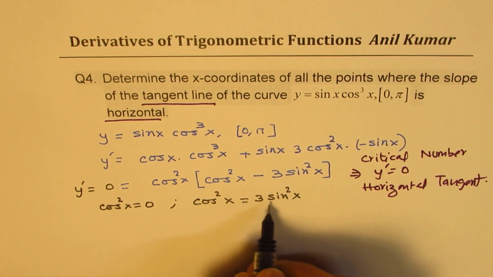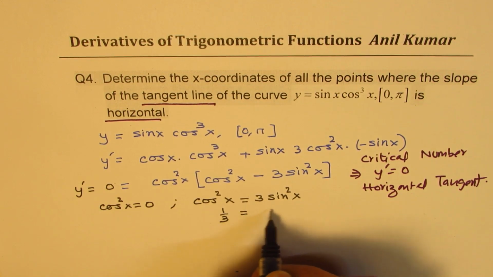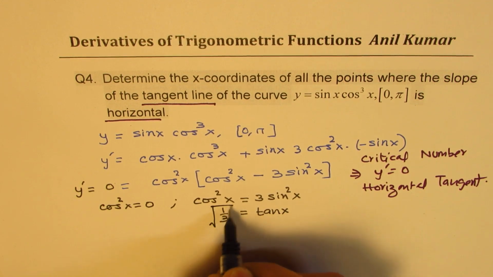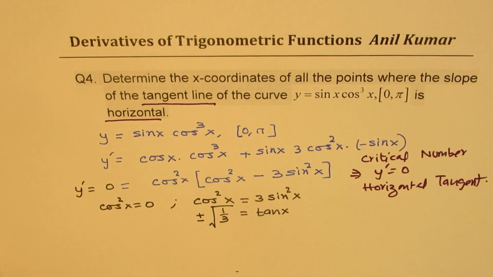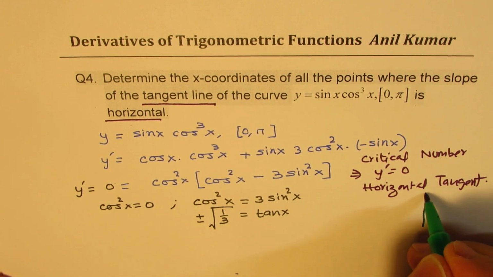Now this second option will give us 1 over 3. And we have tan square x, so let's write tan x equals plus and minus square root of 1 over 3. Does that make sense? So these are the two options for you, right? So when tan x is this, let's use our special triangles to figure out the answer.